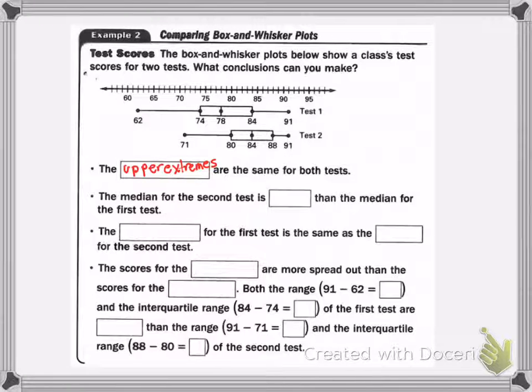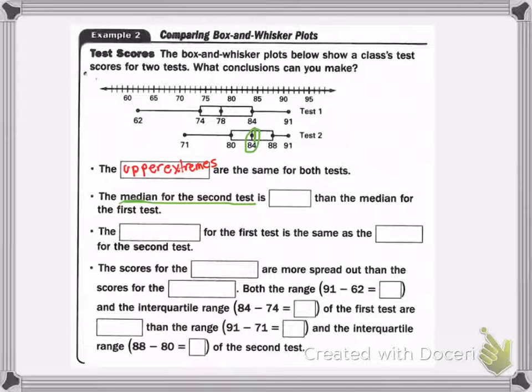So the median for the second test is blank than the median for the first test. So looking at the second test, and the median for the first test, so I'll just highlight that in green, or the median for the second test here, is that value in the middle part of the box.